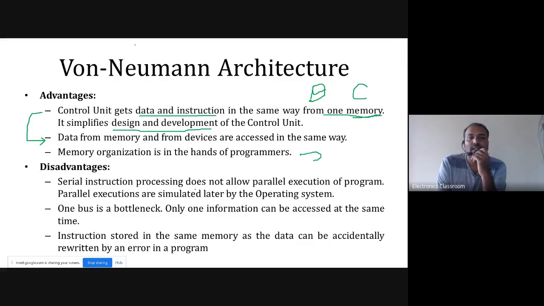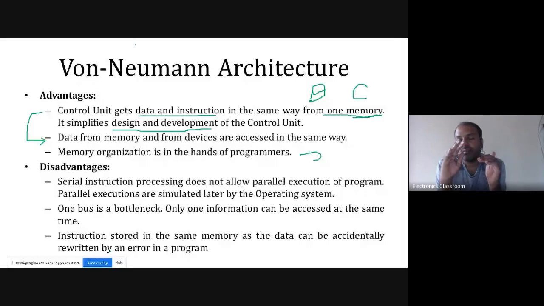Then, serial instruction processing does not allow parallel execution of a program. So what do you mean by serial instruction processing? All instructions are processed one by one. The microcontroller will process the first instruction.